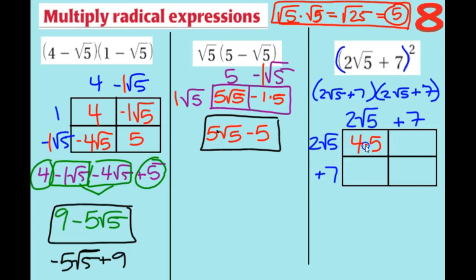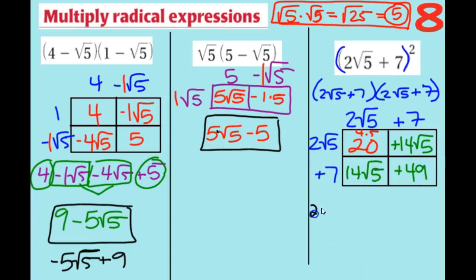Not 45, it's 4 times 5, which is 20. So I'm just going to erase that and write 20. We really did 4 times 5 there. And then in the next box, 2 times 7 is 14, and we have a square root of 5. Again, 7 times 2 is 14, and we have a square root of 5. And then 7 times 7 is 49.